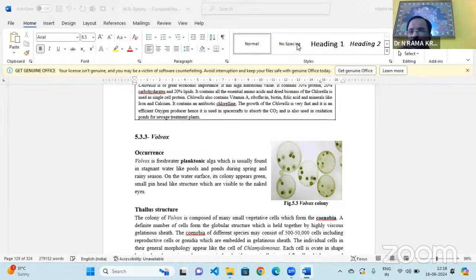And the next one, here the movement is most important. What type of movement? How the Chlamydomonas goes from one place to other places depending on the eye spot and flagella.